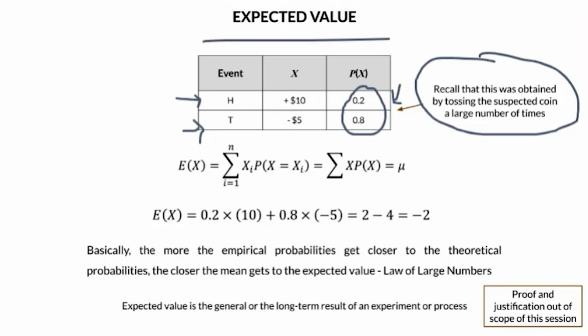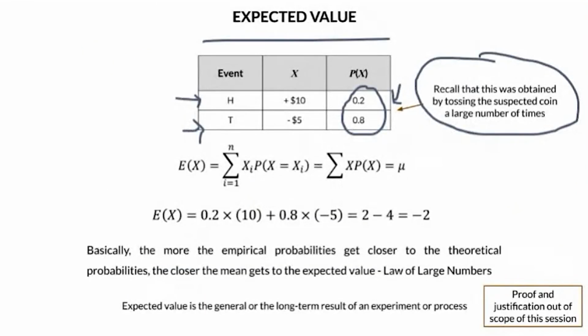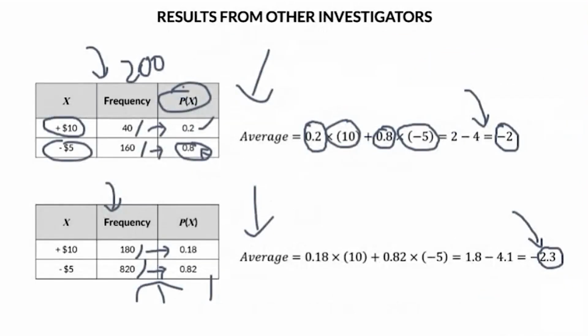Expected value is nothing but the same process that you have been doing till now. All of these calculations are averages, right? Expected value is when you use the theoretical probability and not the empirical probability. In these cases, you were using exactly the probability values that you got from the investigator who really went out there.